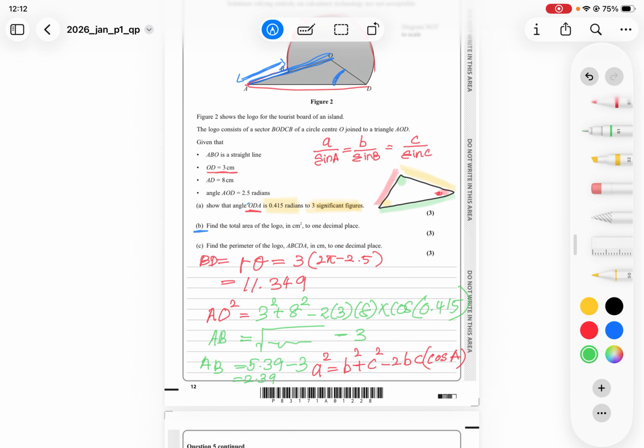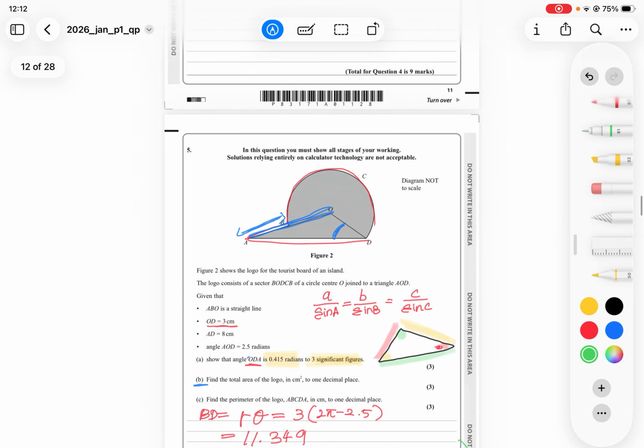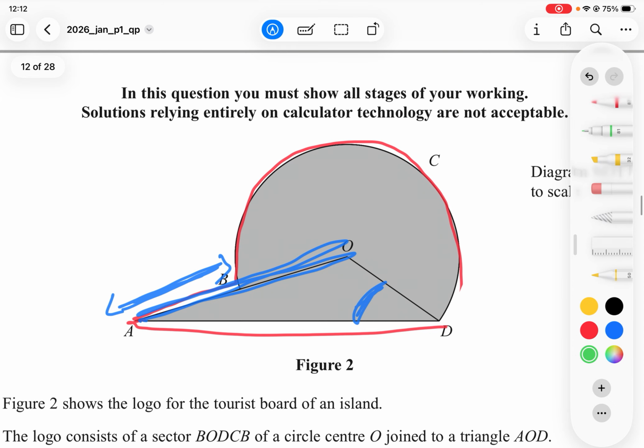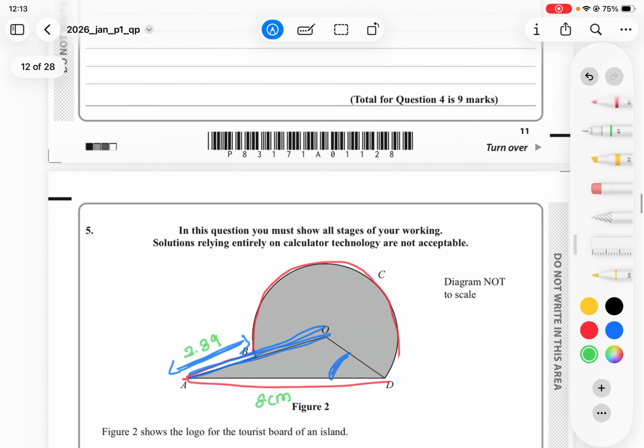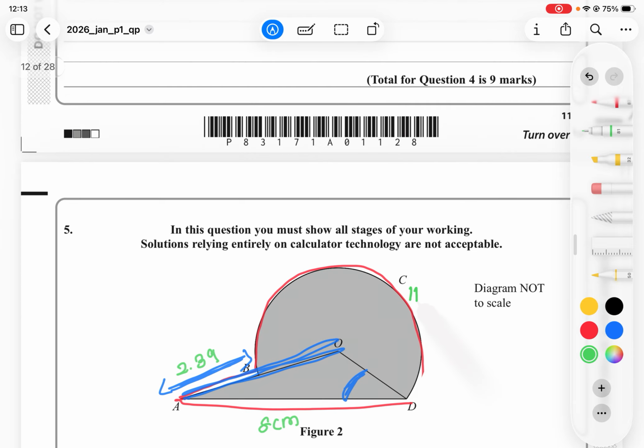Now we know this is 2.39, this is 8 cm, and we also got this as 11.349.